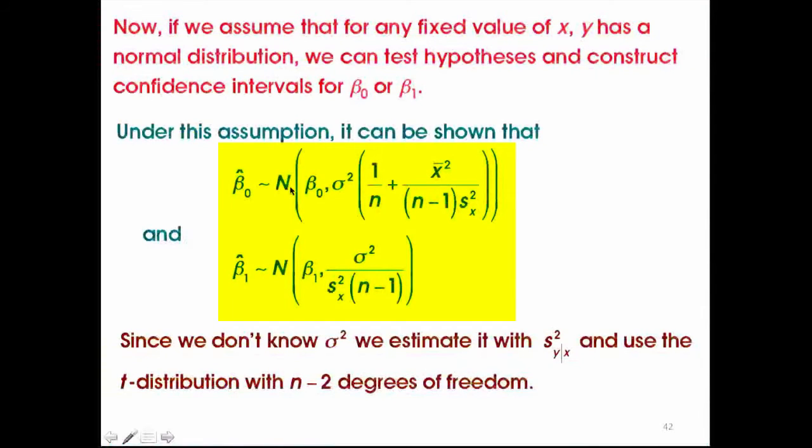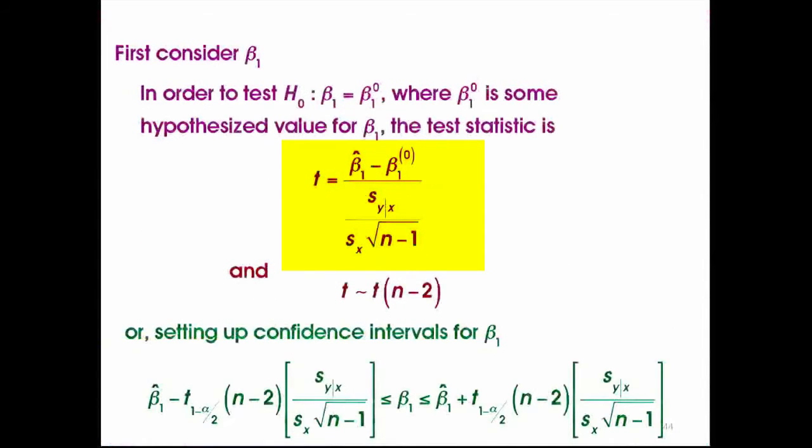I know that, by the way, because I told you that this formula says that the sampling distribution of the slope is normal. The first value before the comma is the mean of the distribution, and the value after the comma is the variance of the distribution. And remember, I don't know sigma squared, so I estimate it with the data. This is the square root of the variance estimated from the data.